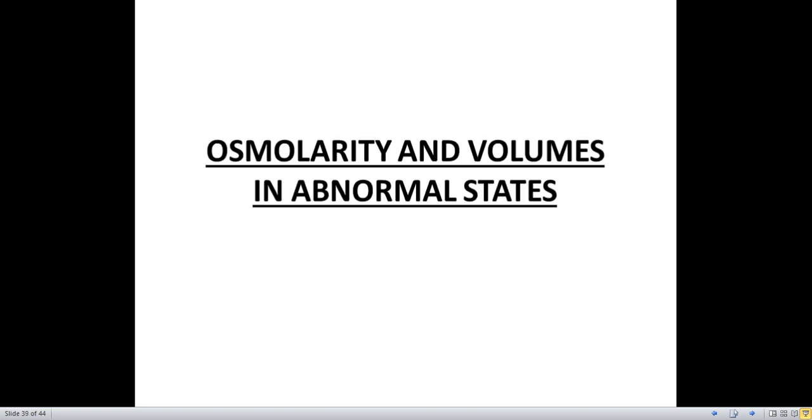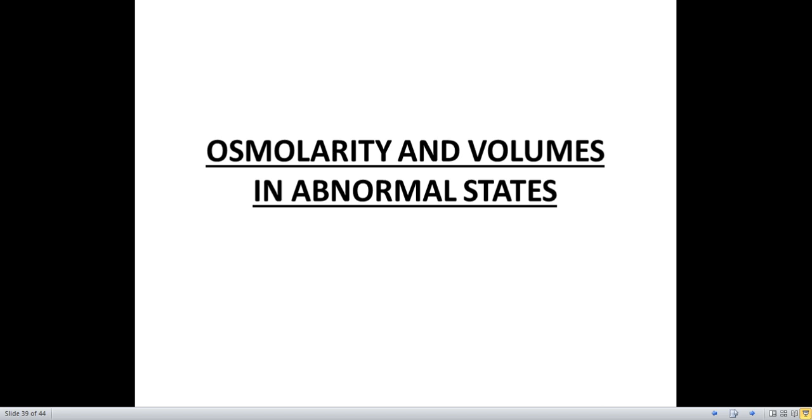Osmolarity and volumes in abnormal states. Extracellular and intracellular osmolarities and volumes can change significantly in several clinical conditions.